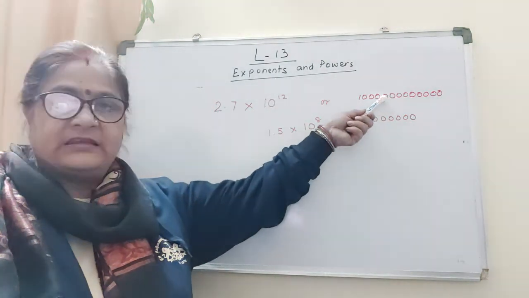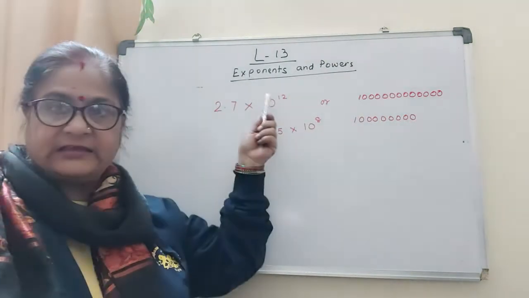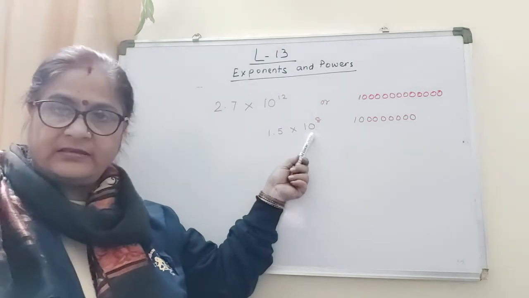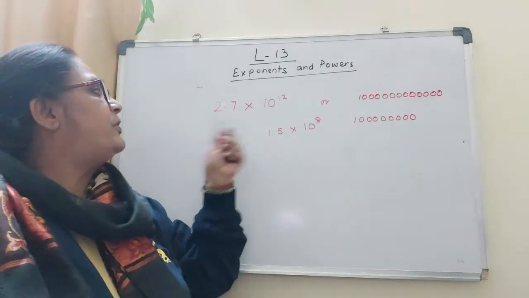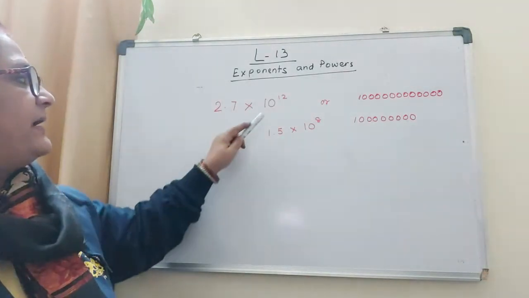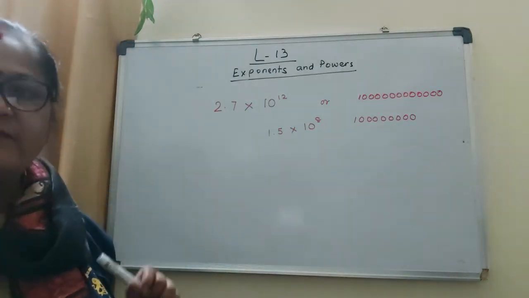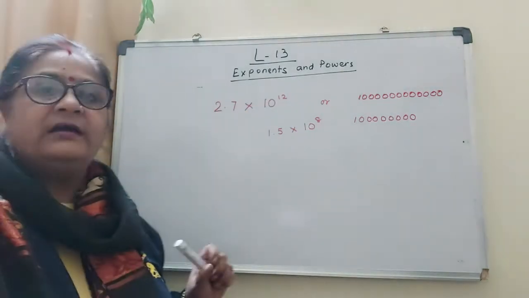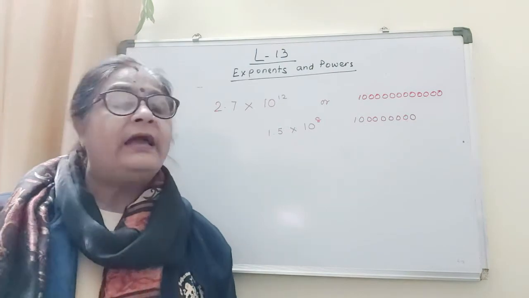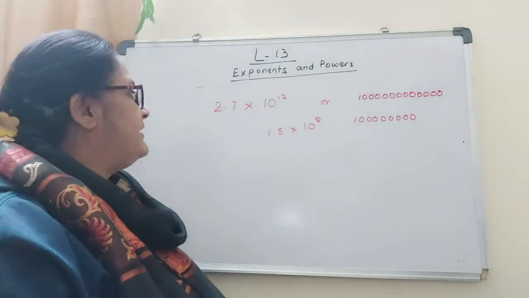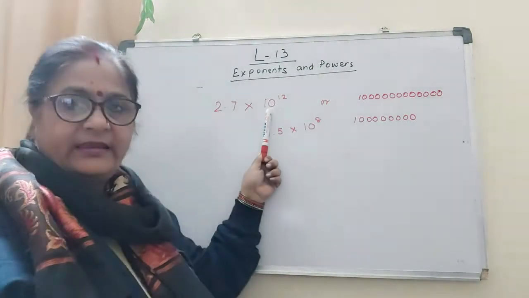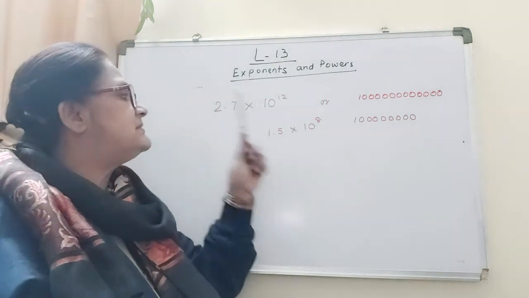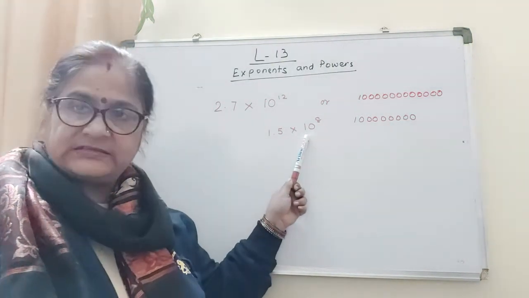This is a greater number. The power of 10 is greater than the power of 10 here. So 2.7 multiplied by 10 raised to the power of 12 is greater. You'll write it as greater, and the reason that you will give is that the power of 10 here is greater than the power of 10 in this one.